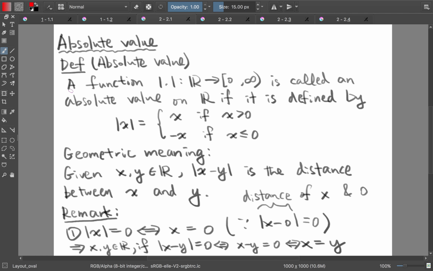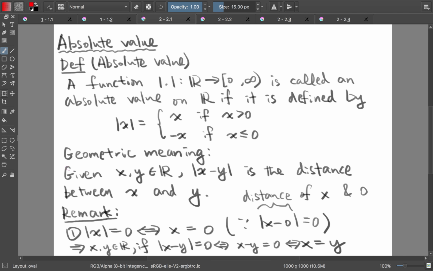Well, absolute value is a function that maps from the set of real numbers to the interval 0 to infinity, and it is defined as x if x is greater than or equal to 0 and negative x if x is smaller than or equal to 0.